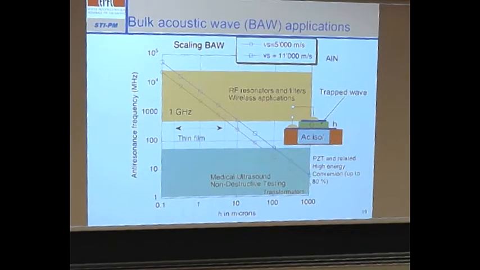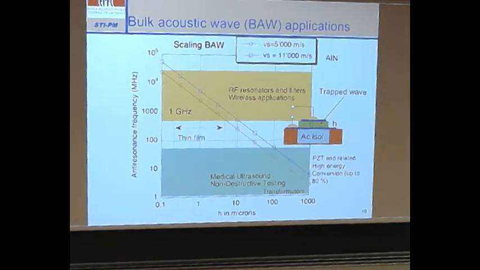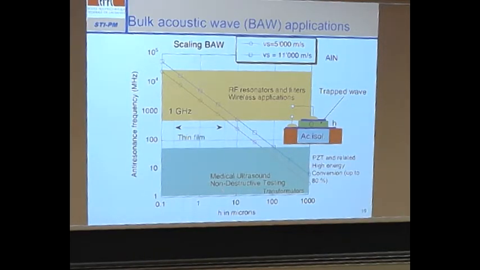Here about scaling of these effects. For instance, in the bulk acoustic wave resonator, the frequency is about 1 over the wavelength, so what is the frequency depending on the thickness h? You have the resonance frequency here, and when the film is very thin, we go to gigahertz frequencies.